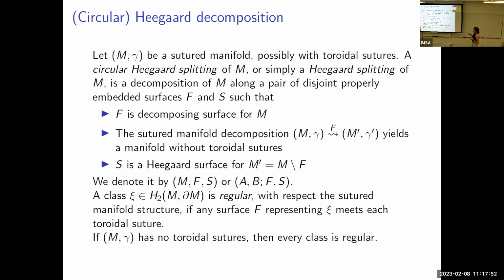The surface F is a decomposing surface of the manifold, and the sutured manifold decomposition of M along F yields a sutured manifold without toroidal sutures. The last condition is that the second surface S is a Heegaard surface for the sutured manifold decomposition. So we are decomposing along F, and what we obtain has a linear Heegaard splitting.